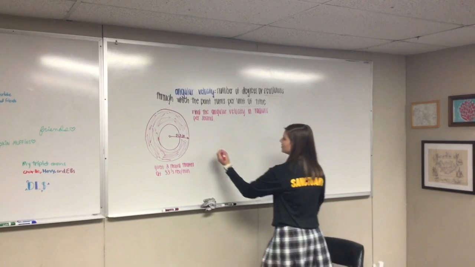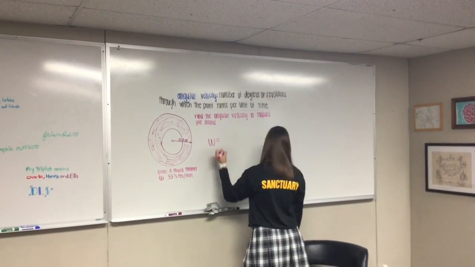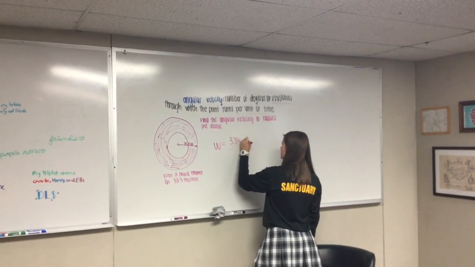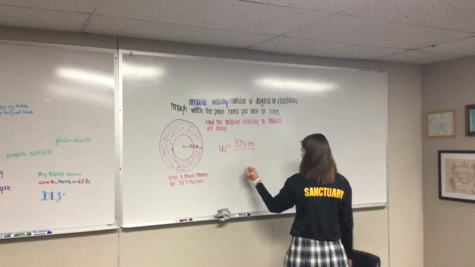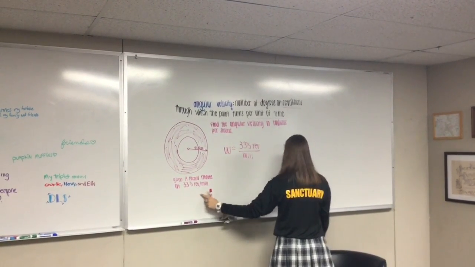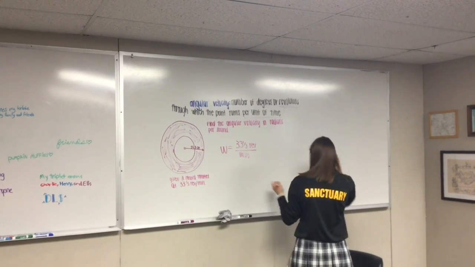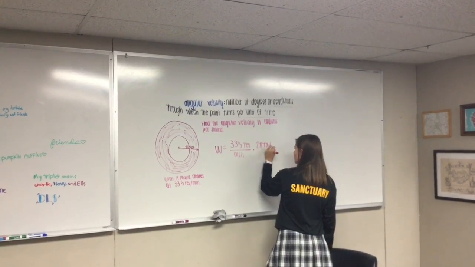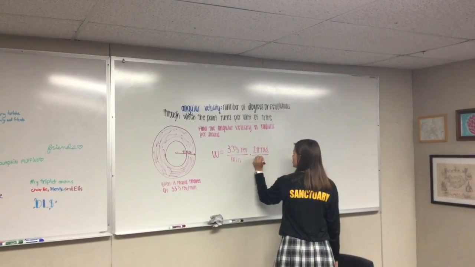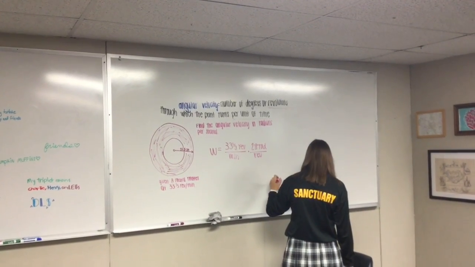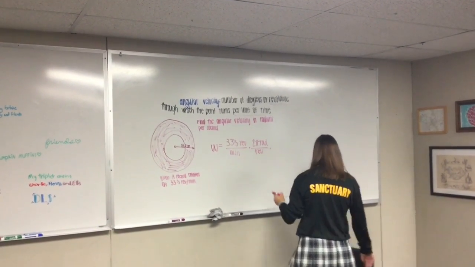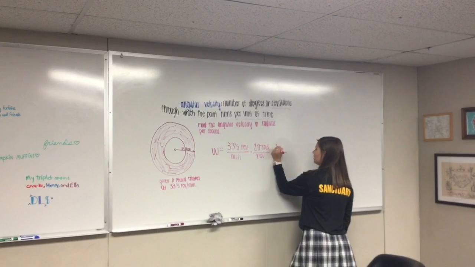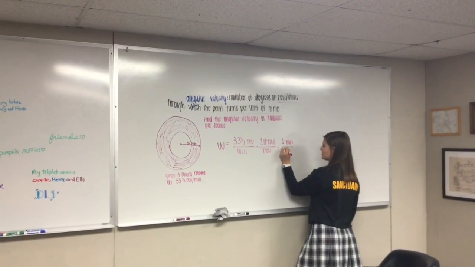So the way you do that is W, which represents angular velocity, is equal to 33 and a third revolutions over minute, to represent the per minute over here, and then you multiply that by 2 pi radians over revolutions, so that the revolutions cancel out each other, and then you multiply that again by 1 minute over 60 seconds.